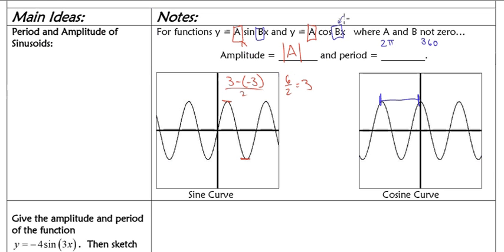It's been multiplied by 2. So what's happening is that the new period is divided by b. So for our example here, if b is 2, then what happened in 2 pi radians before now only takes pi radians. Or if the b value was 3, then what at one point took 360 degrees now only takes 120 degrees.